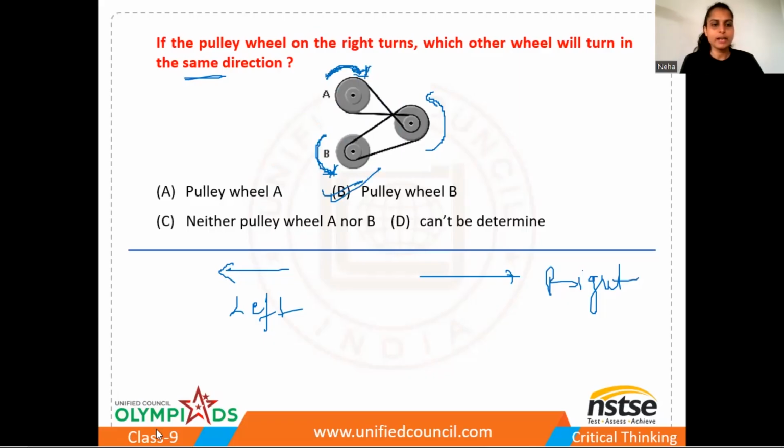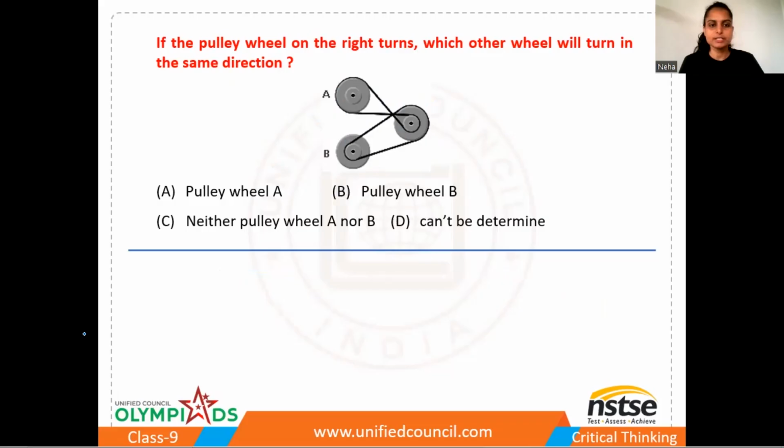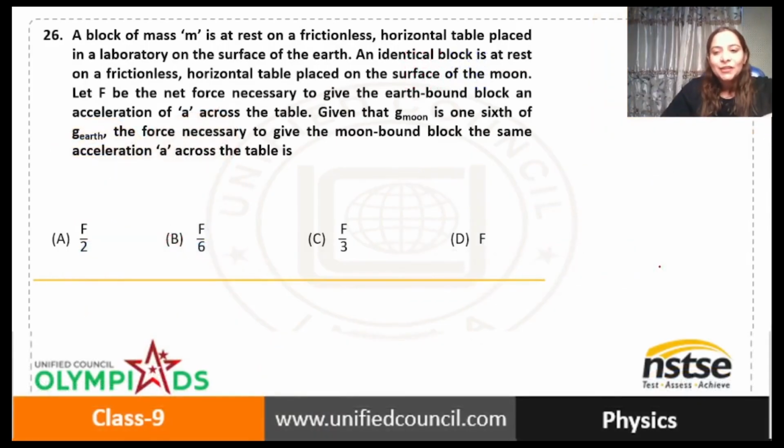Okay, now let me present the answer for this question. Pulley wheel C. Okay. So the first question says, a block of mass m is at rest on a frictionless horizontal table placed in a lab on the surface of the earth. Let's say this is a block of mass m, placed at rest on a frictionless horizontal surface.